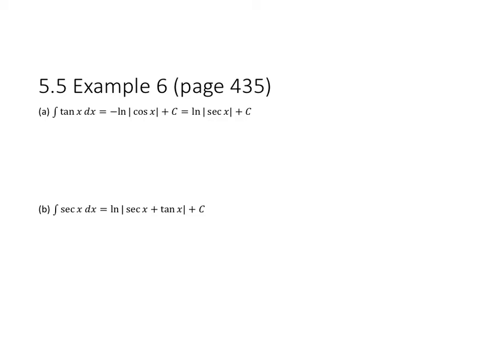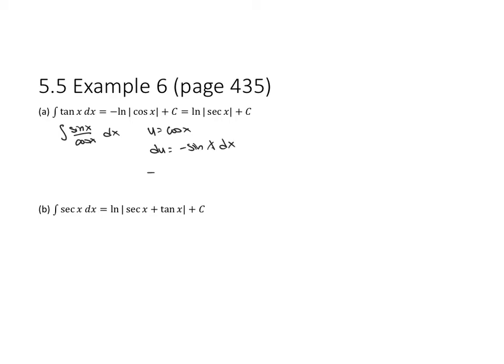So for the antiderivative of tangent, we're going to rewrite tangent as sine x over cosine x. And then we're going to let the u be the cosine. Because it's in the denominator, it's a little bit more tricky. And then my du is negative sine x dx.